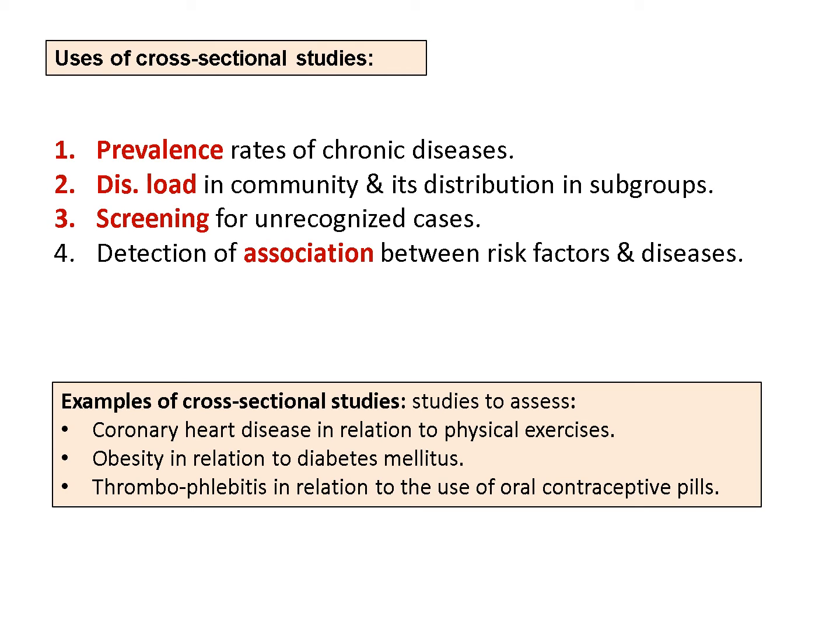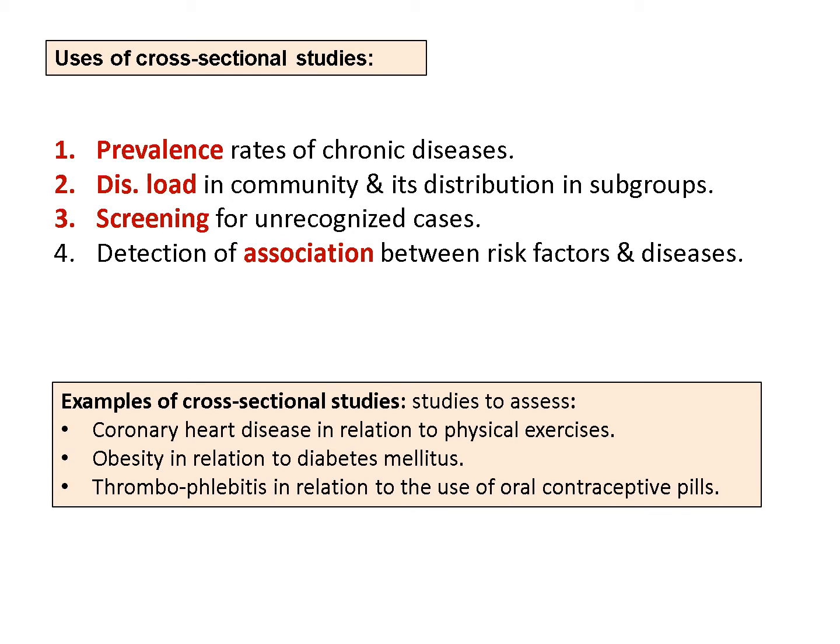Uses of cross-sectional study: as we say, it's called a prevalence study, so we detect the prevalence rate of chronic disease. Also, we can find out the disease load in the community and its distribution in subgroups. We can do screening for unrecognized cases.